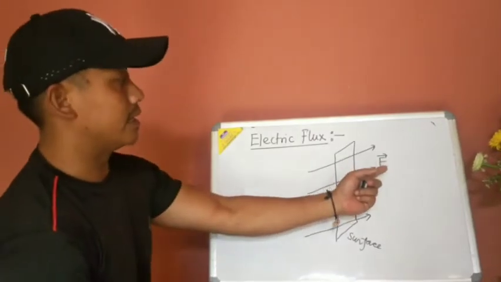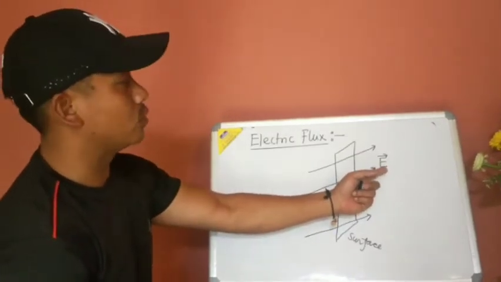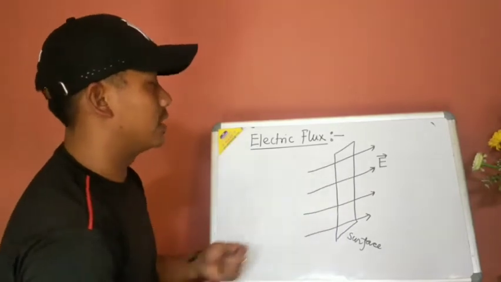This E vector is the electric field intensity corresponding to the electric field.